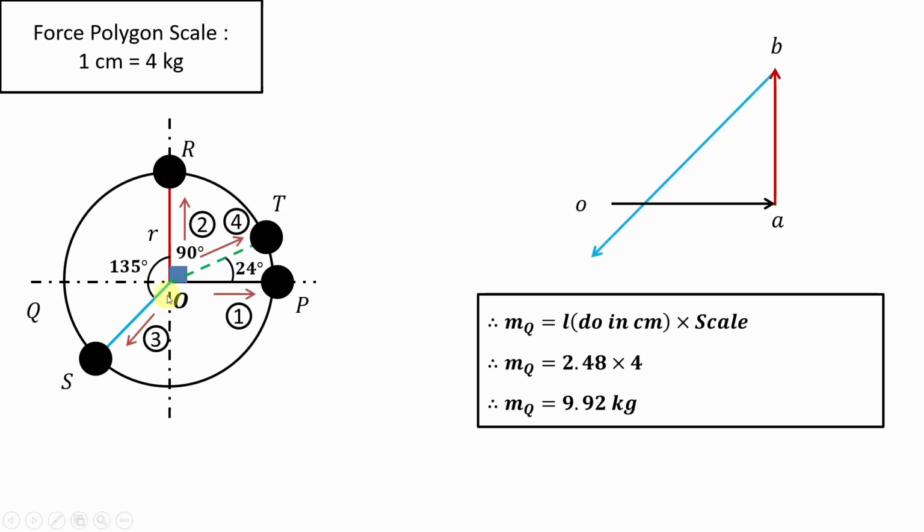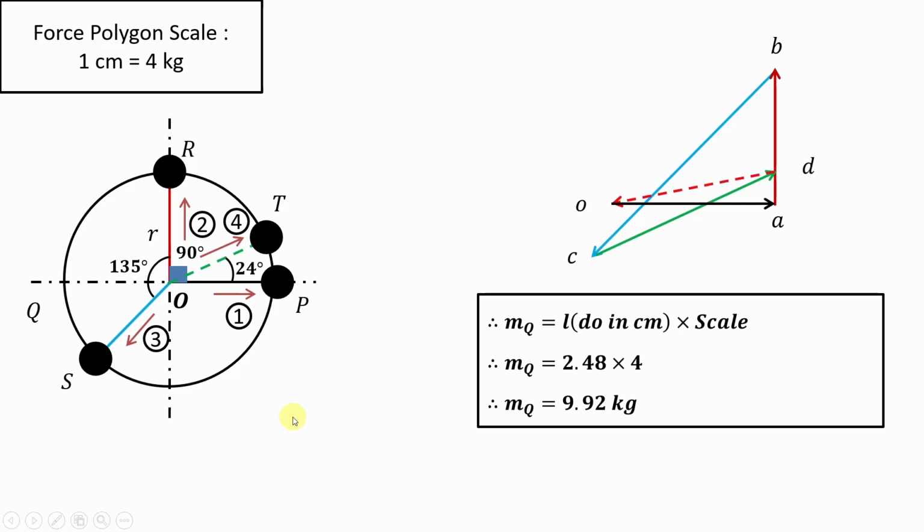Then the next one will be this blue line representing the mass in the plane S, the centrifugal force in this particular plane under consideration. Then for this T, which is represented by this green line, we will draw the green vector over here, and then we'll close this diagram.